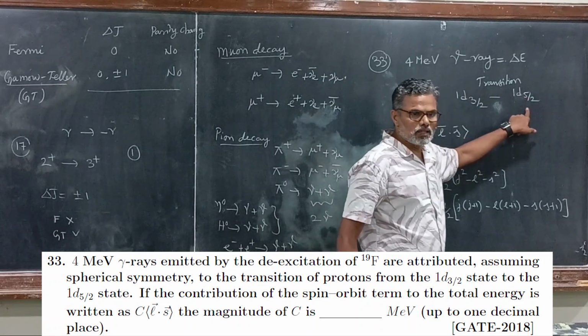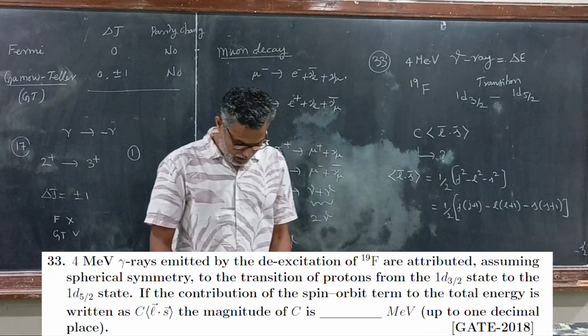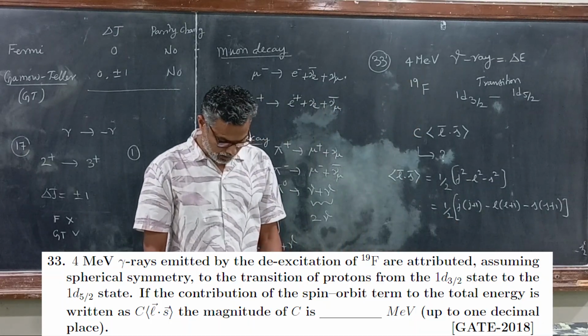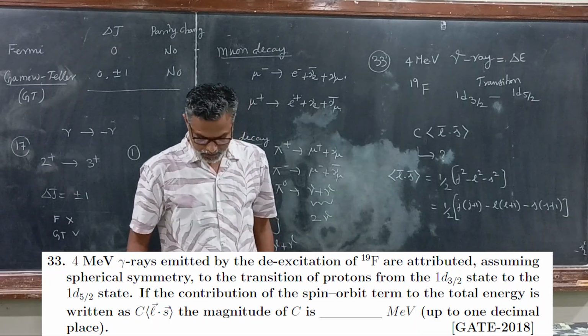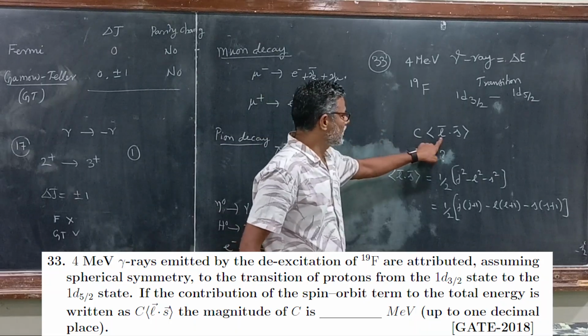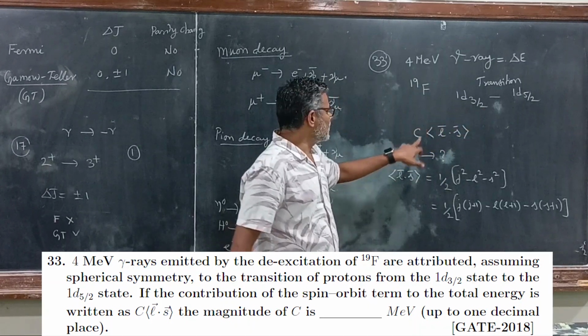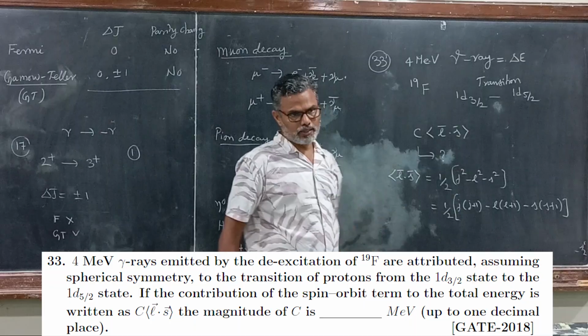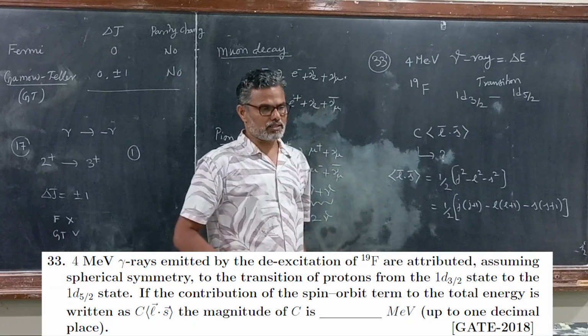Similarly, we need to find out the L dot S expectation value for the other. Okay, and then you need to subtract the difference in the L dot S value. So your delta E is C L dot S for the 3 by 2 minus C times L dot S for 5 by 2. So when you take the difference, you will get the common factor C.